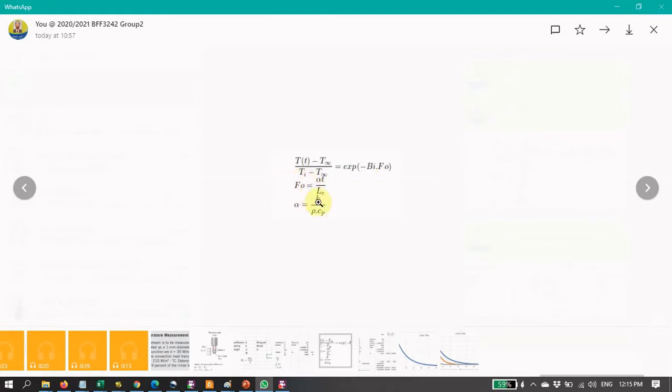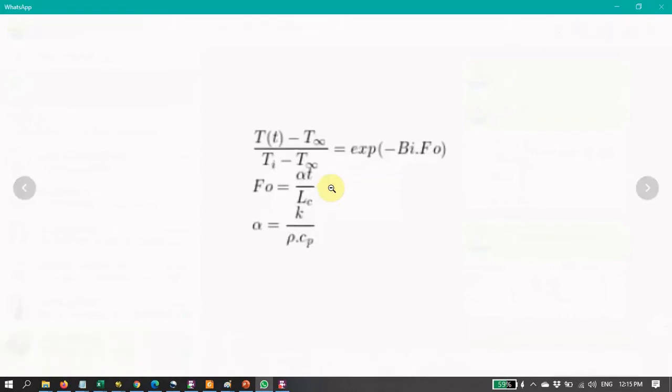The Fourier number is defined by the thermal diffusivity times the time period after the thermocouple is immersed in the fluid, divided by the characteristic length to the power of 2, and alpha is the thermal conductivity divided by density times specific heat. I made a mistake there.